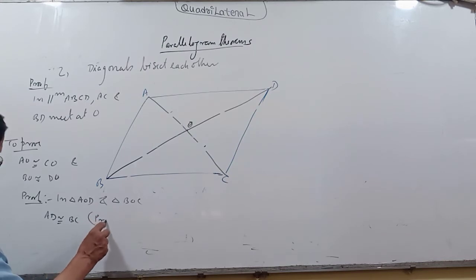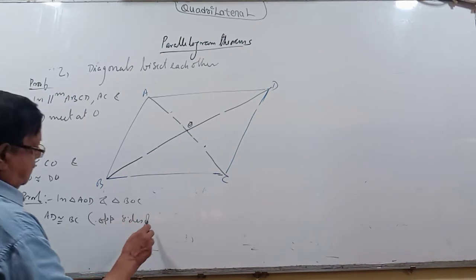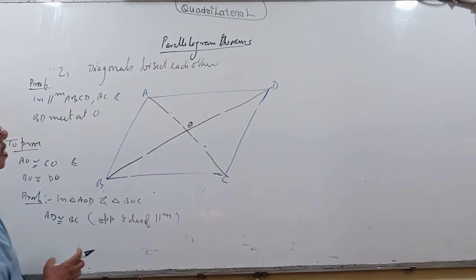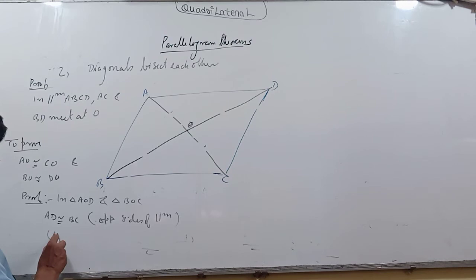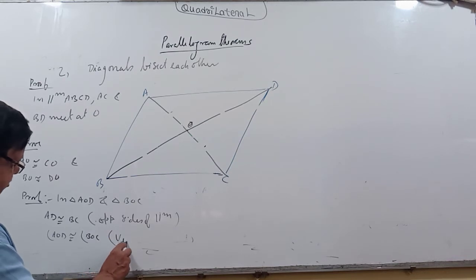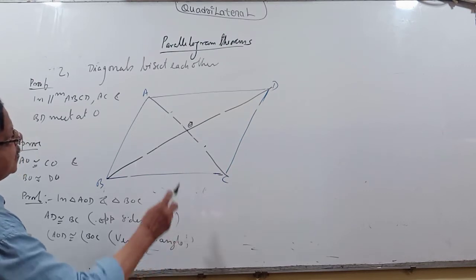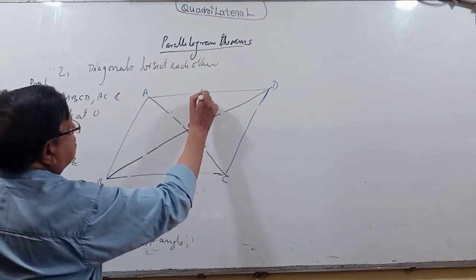Or you can write, opposite sides of a parallelogram. Angle AOD is congruent to angle BOC, vertically opposite angles. This is congruent to this.